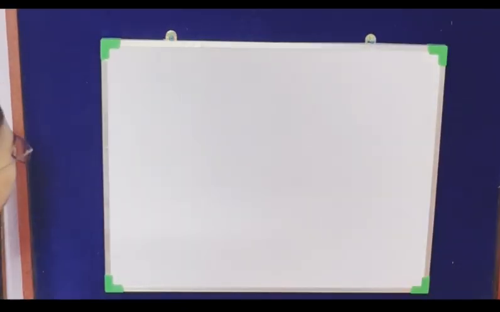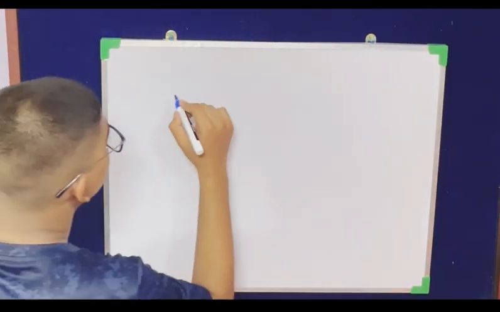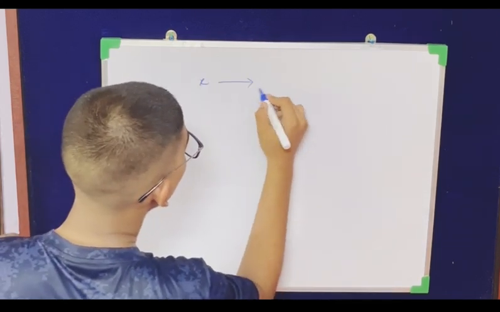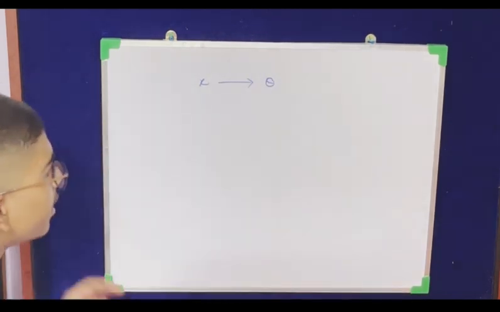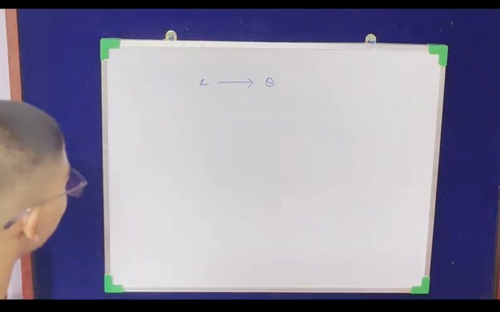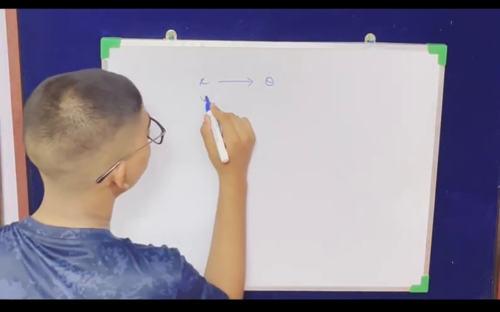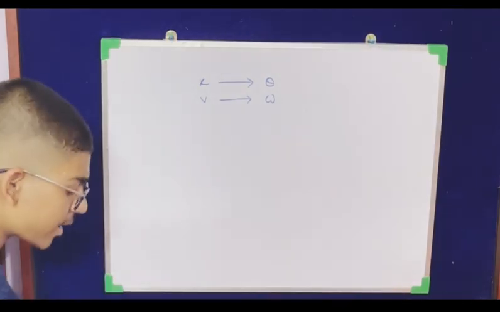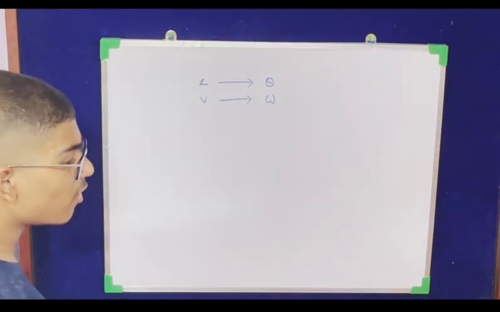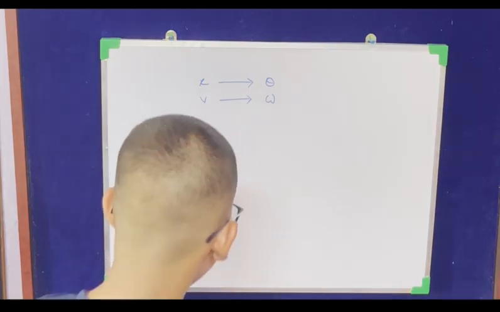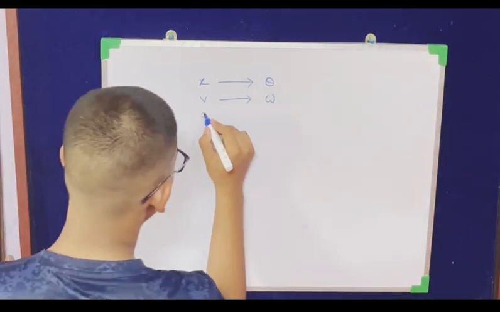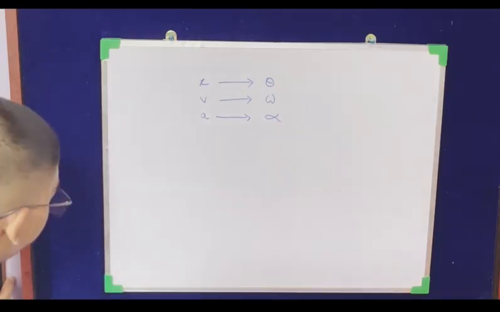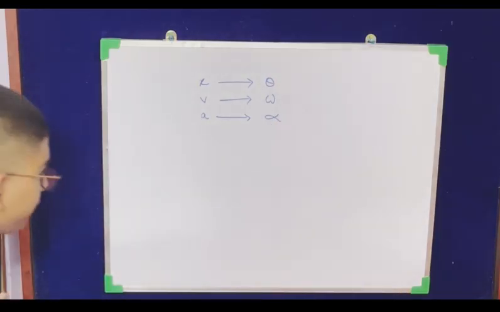To summarize what we saw: in kinematics, what is displacement? In circular motion, it is theta, because it is rotating. In kinematics, velocity; in circular motion, that is omega, which is the angular velocity. So 'angular' is just added, the rest is all the same. You can see acceleration becomes angular acceleration.